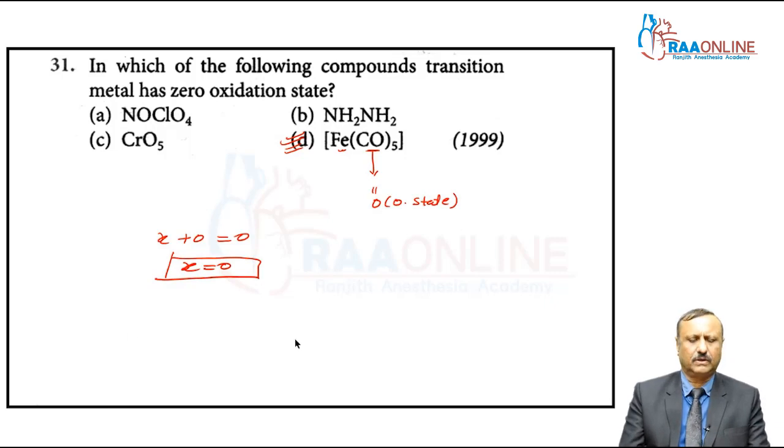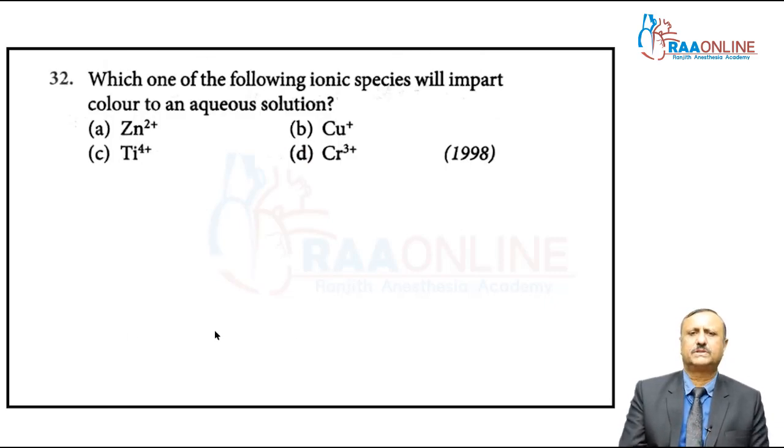Now we can go to question number 32. Which one of the following ionic species will impart color to an aqueous solution? My dear students, the concept is this: those species in which d10 or d0 is present are colorless, others are colored. Here d0 and d10 are colorless.